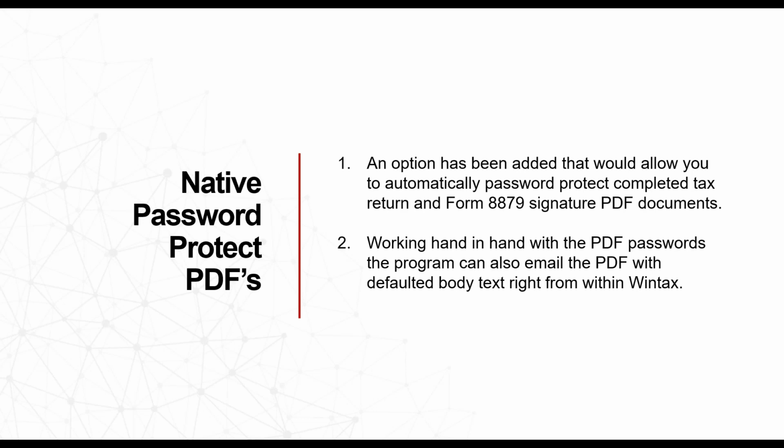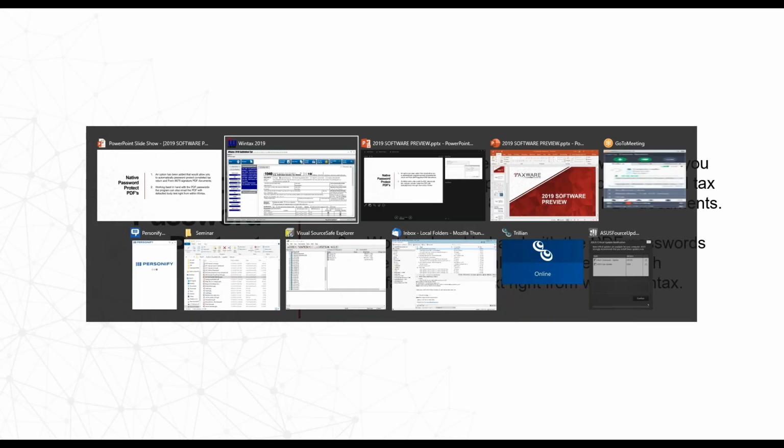And it will work hand in hand with our email generator, so that if you use our internal email generator off the expanded info of the client grid, it'll automatically attach that completed return with some defaulted body text into the program with whatever password, either the last 4 digits of the SSN, or if you want a stronger password, you can apply a password and it will automatically be included in your PDF files. And I'll just show you where that's at.